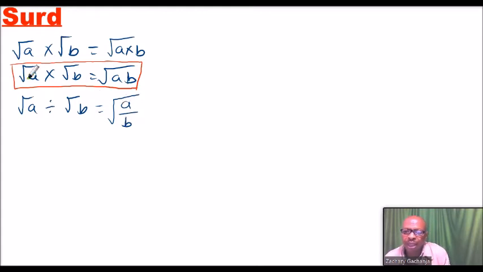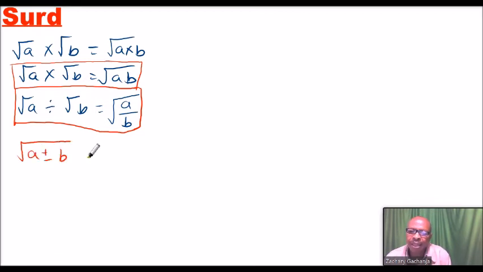You also note that the root of A plus or minus B is not equal to the root of A plus or minus the root of B. When we are adding, you cannot separate, and that is very, very important.